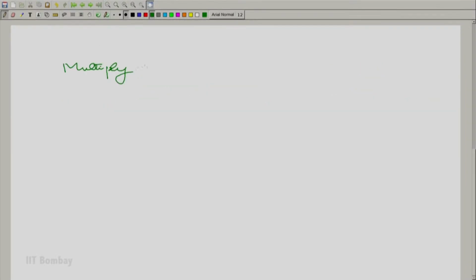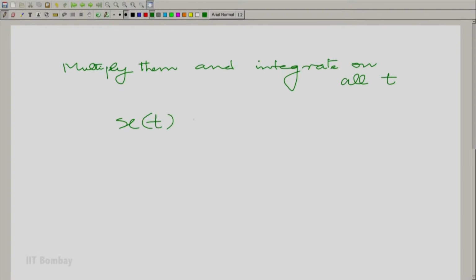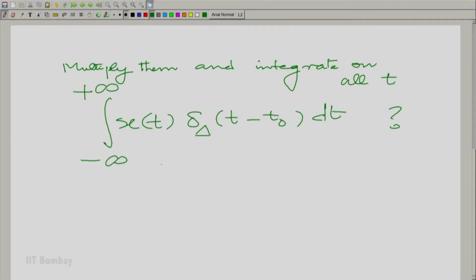Multiply them and integrate. Integrate on all time. So, what I am saying is take x of t, delta capital delta t minus t0, integrate with respect to t for all t, all over the time axis. What do I get? Now, here you need to do a little bit of thinking.